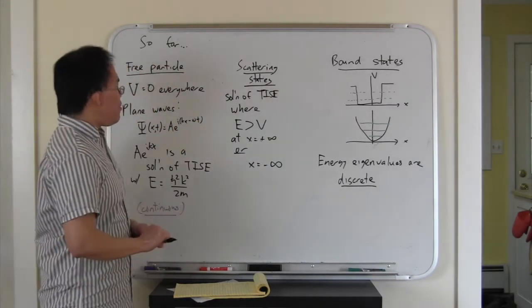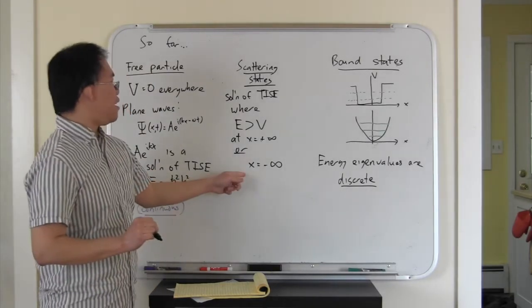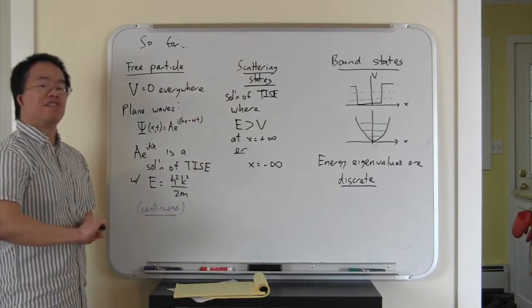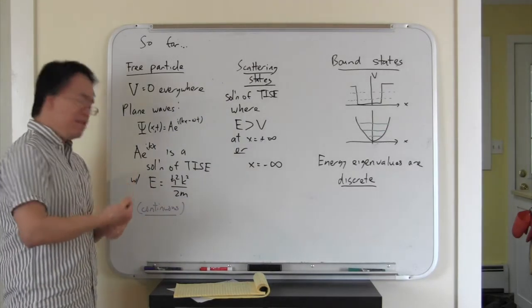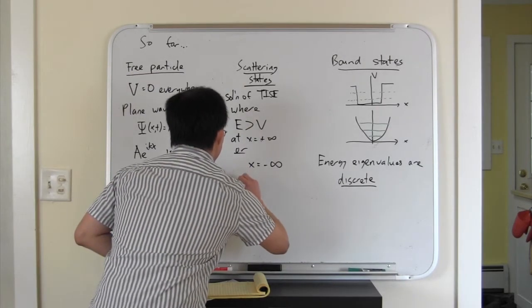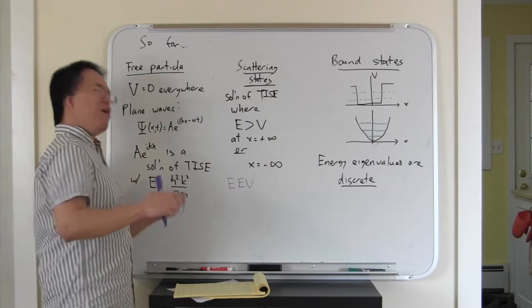What we'll see today is that for scattering states, like for a free particle, the energy eigenvalues (EEV) are again continuous.